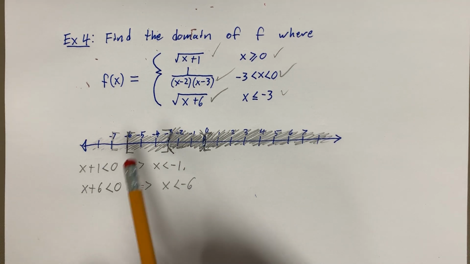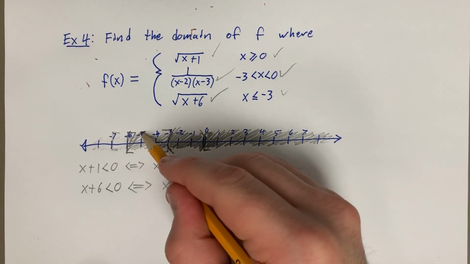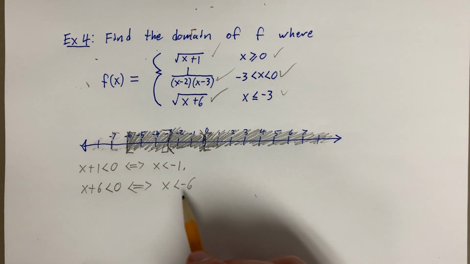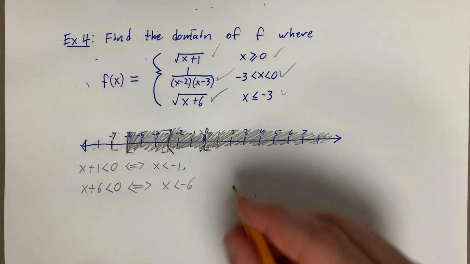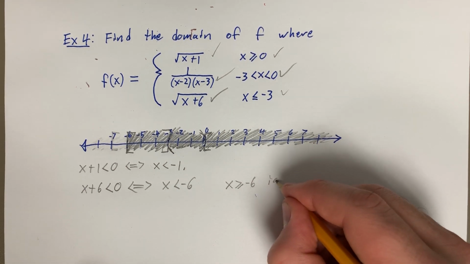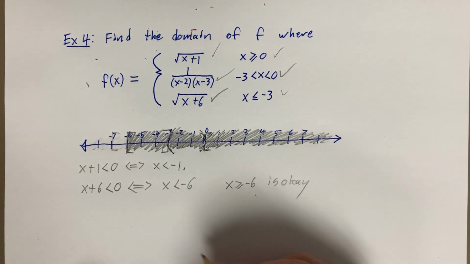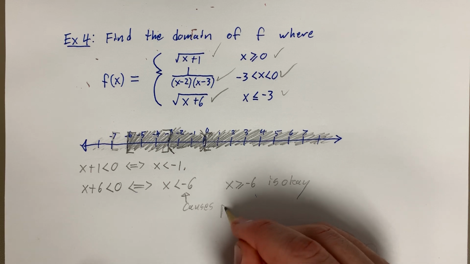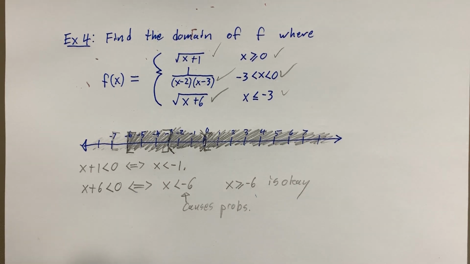All right, so this is solid then. The reason we have a square bracket there is because everything strictly less than minus 6 causes a problem. Everything greater than or equal to minus 6 is okay. And this is what causes problems. So we erase the thing that causes problems, and we leave everything else that's okay.